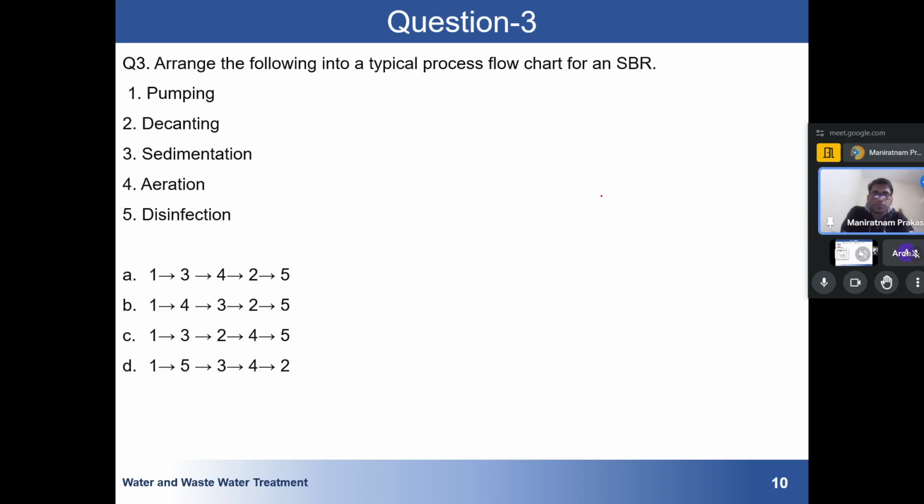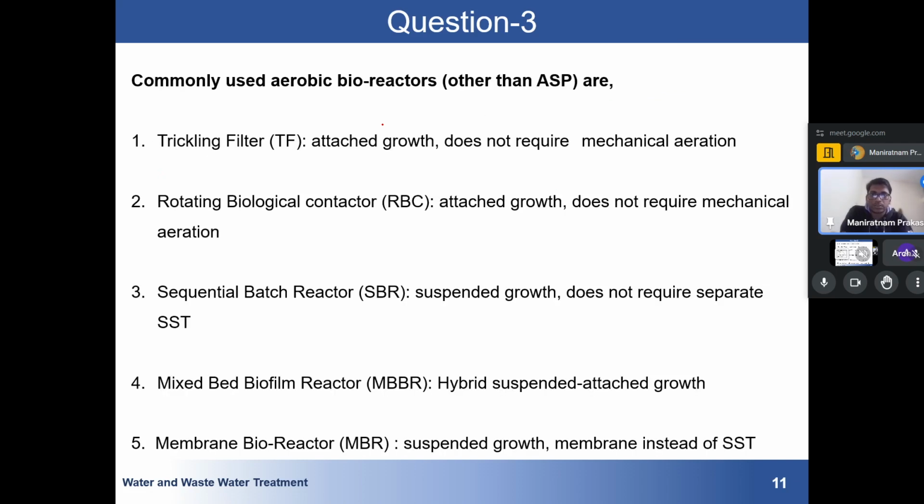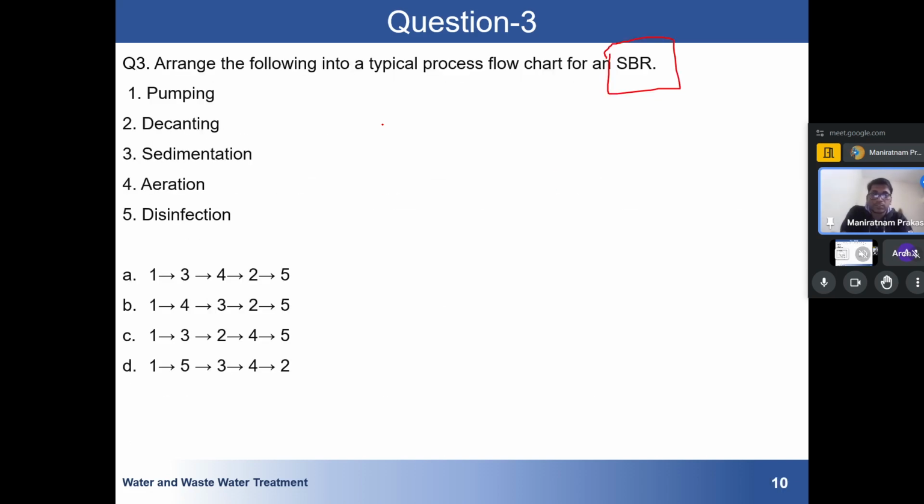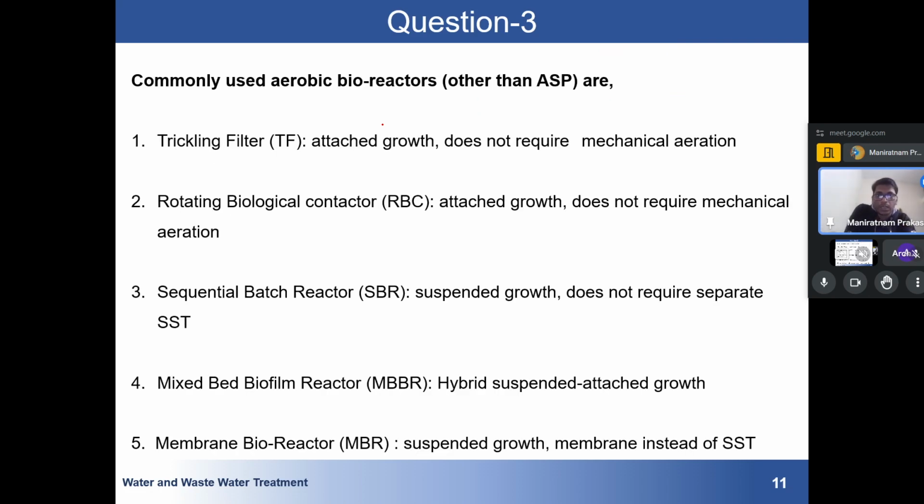Okay, coming to the third question, that is the sequential batch reactor, known as SBR. First you have to understand what this SBR is. In the last class we discussed the bioreactor.